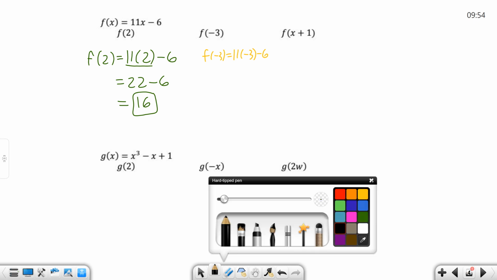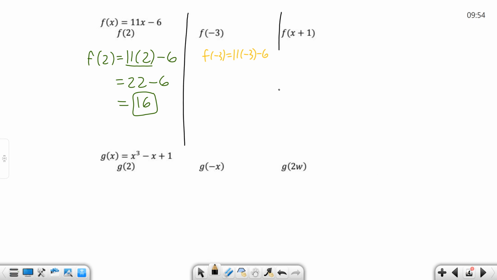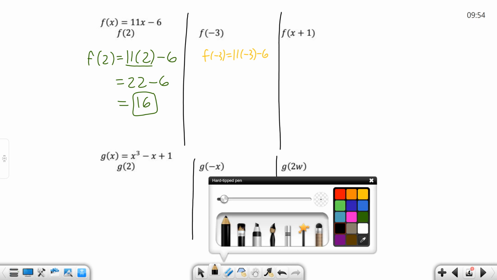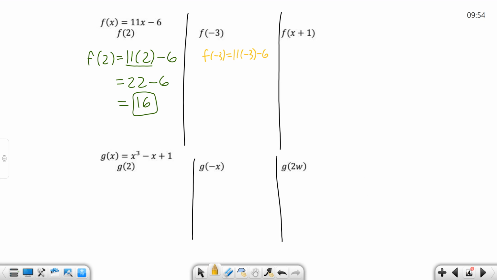Let's get some demarcation here between these. So this is going to be negative 33 minus 6, which is negative 39.